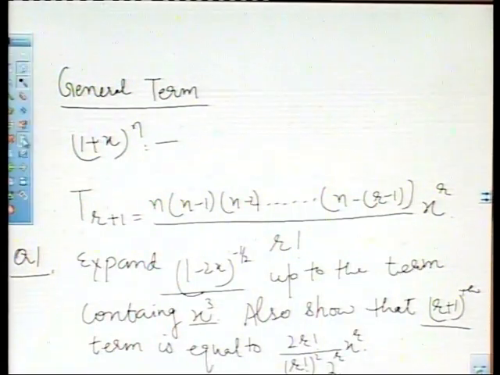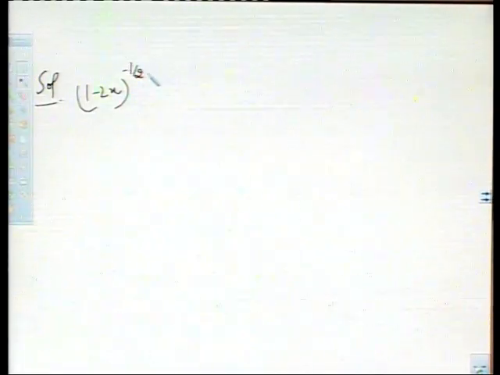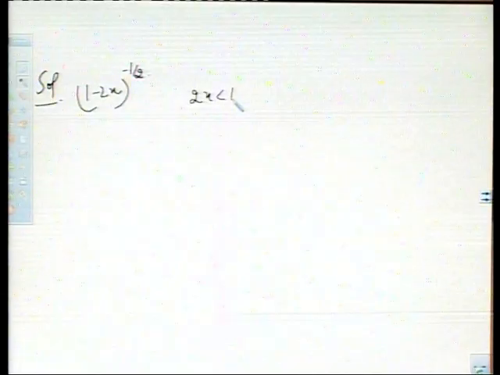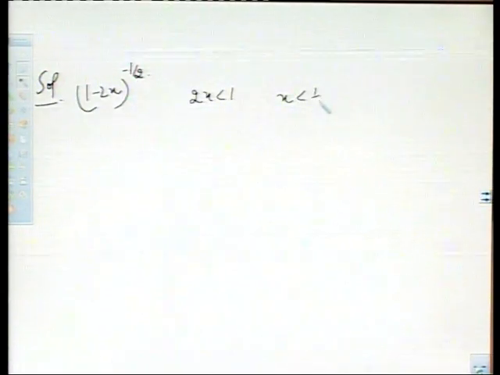Now solution. First of all we have to expand this binomial, and we assume that numerically 2x is less than 1, that is x is less than 1 by 2 numerically. Now expansion.